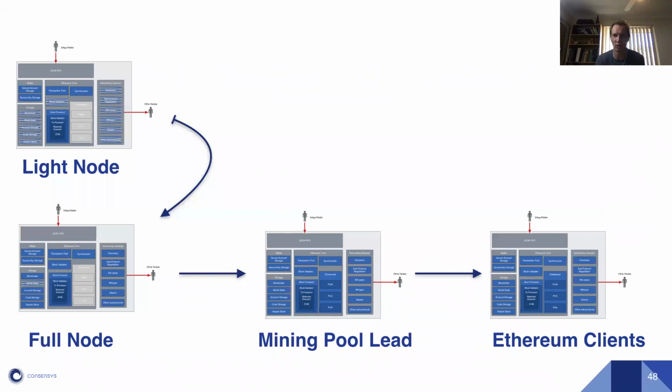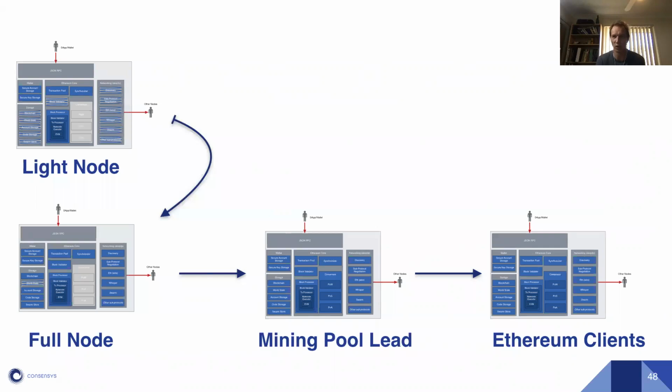One of the people listening on the network will probably be a mining pool lead. The mining pool lead is going to see, hey, there's a brand new transaction. There looks like enough incentive for me to mine that transaction and add it to a block, so I'm going to do that. The mining pool lead will then process the transaction, put it into a block and generate that block, do the proof of work or consensus upon that, and say, yep, this is a good block.